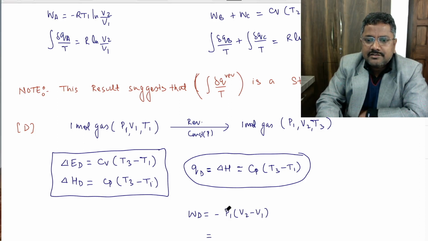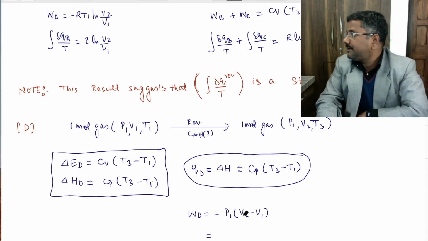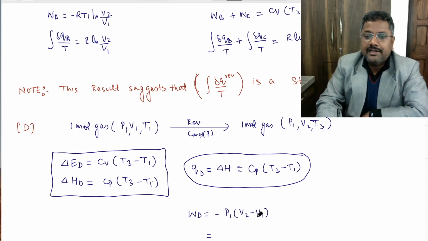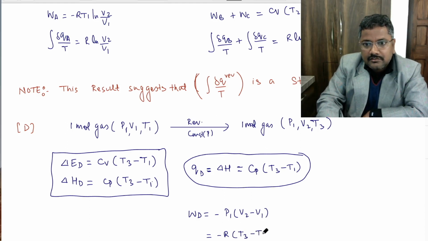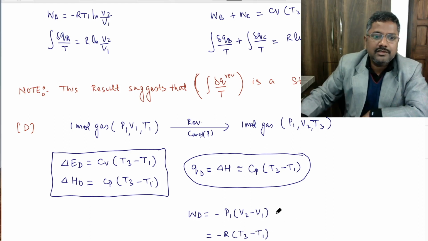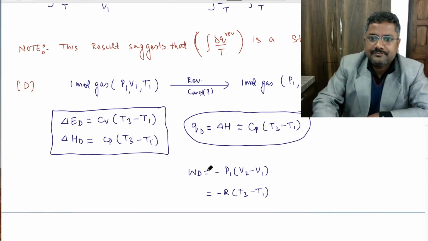So at this point you can write P delta V is equal to R delta T, so you can write minus R (T3 minus T1). So WD is equal to this.